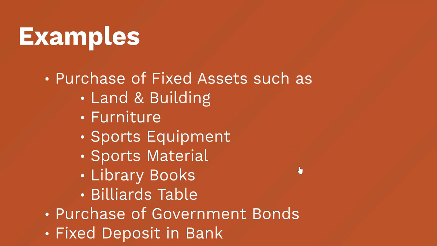Examples: when you purchase fixed assets such as land and building, furniture, sports equipment, sports material, library books, billiards table, etc., the benefit of this expenditure extends to more than one accounting period. Similarly, purchase of government bonds or fixed deposit in bank, which are examples of investments, are also examples of capital expenditure.